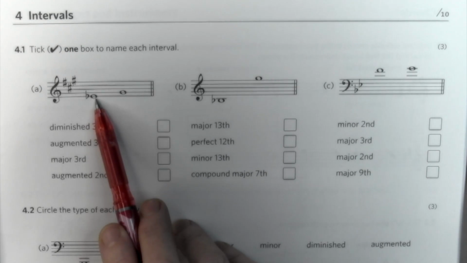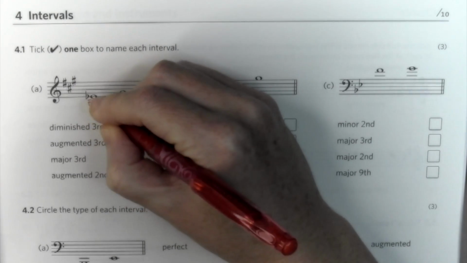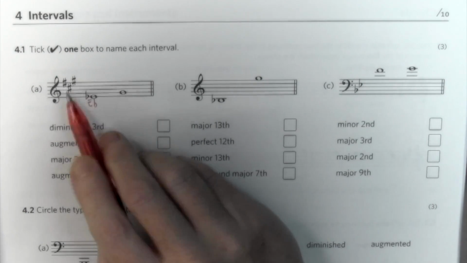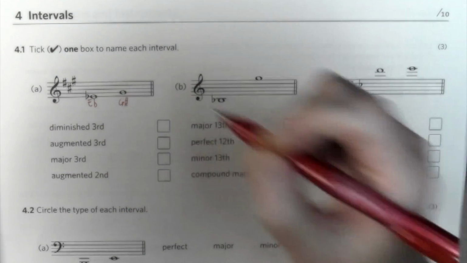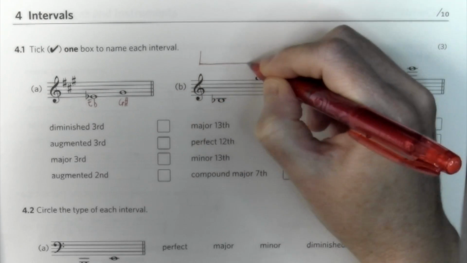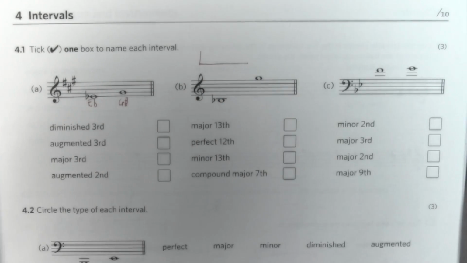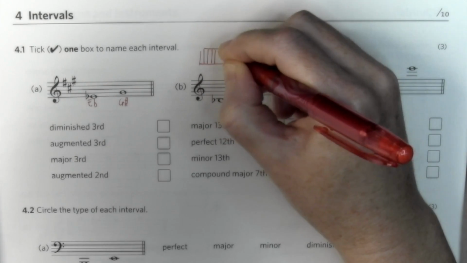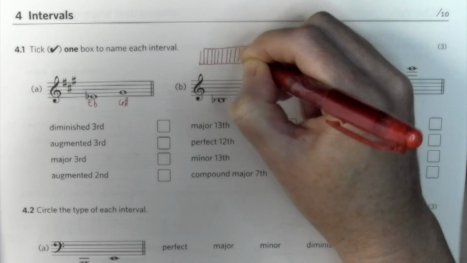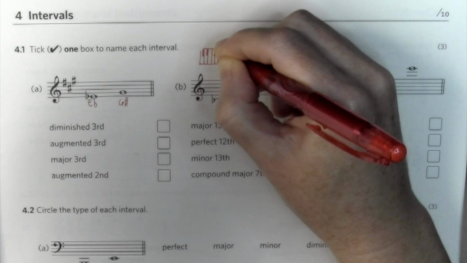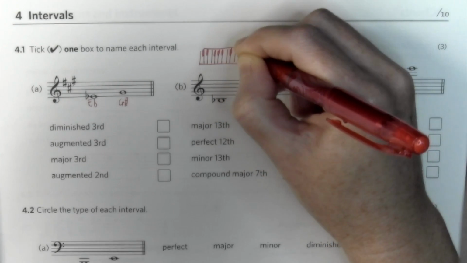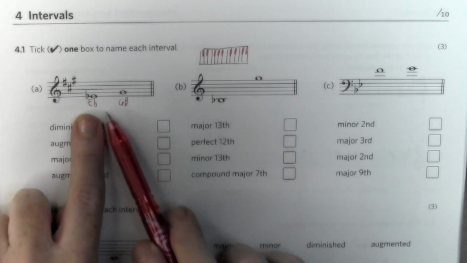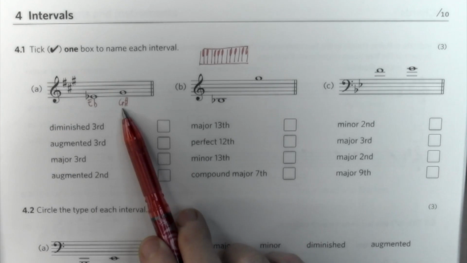We have mi flat and G sharp. That's the trick, so sharp. E flat, G sharp, first the number.